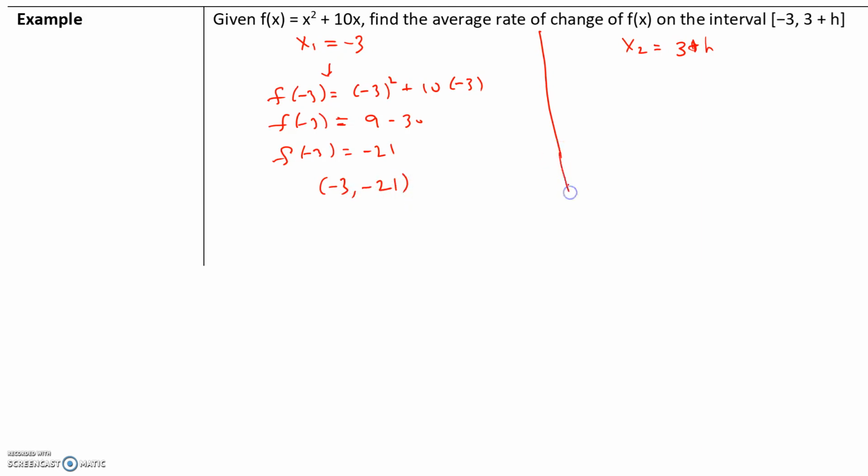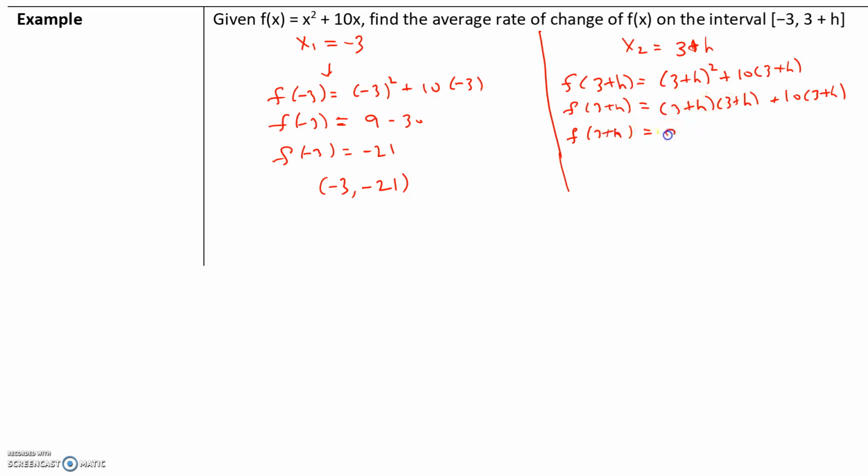Our second point is the point 3 plus h. So for f of 3 plus h, we have 3 plus h to the second power plus 10 times 3 plus h. Okay, so if you multiply this, you get 3 plus h times 3 plus h plus 10 times 3 plus h.